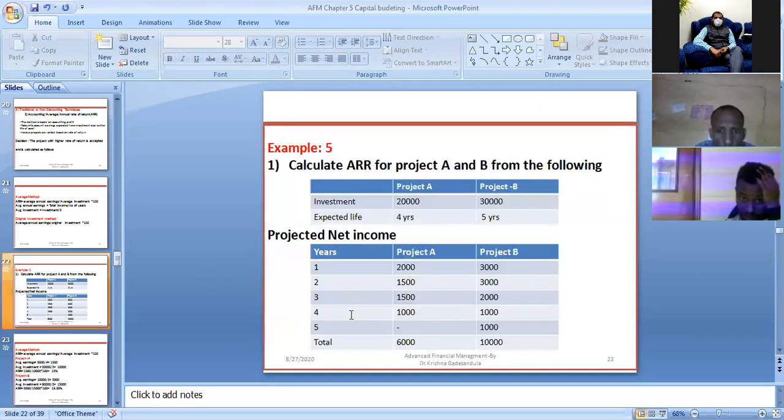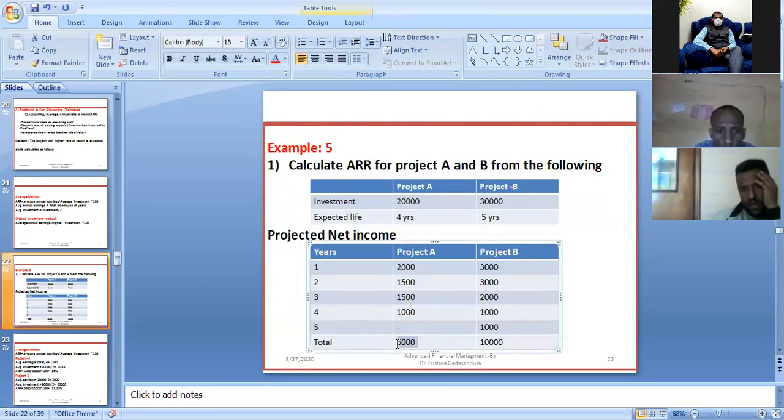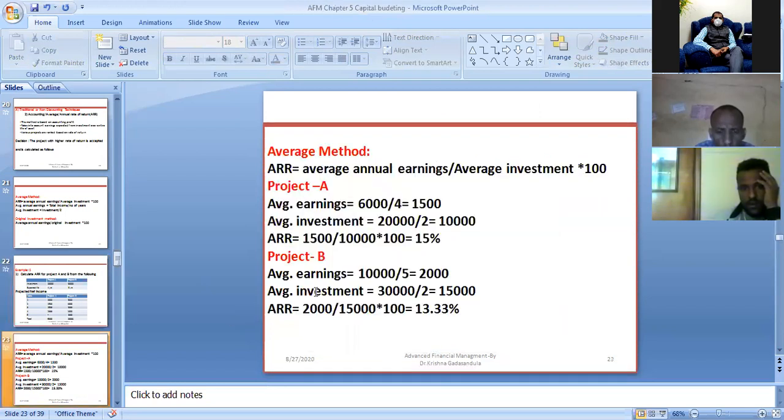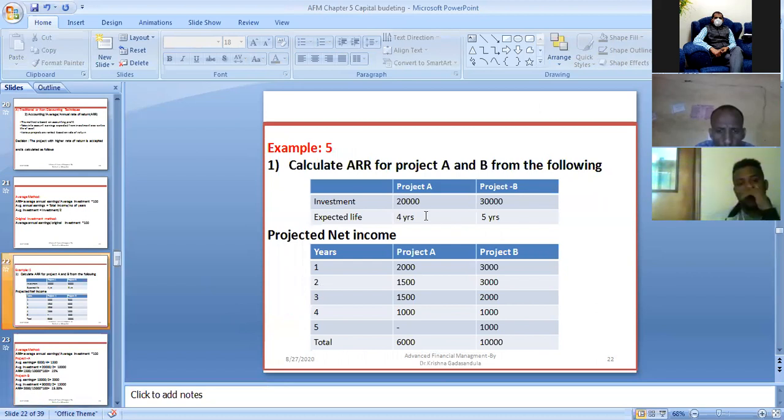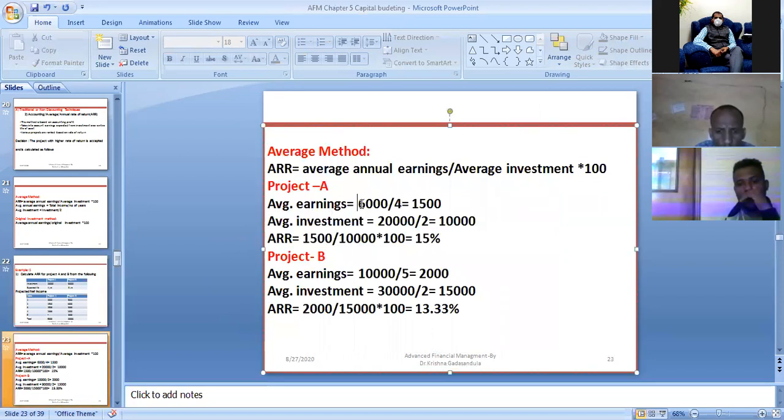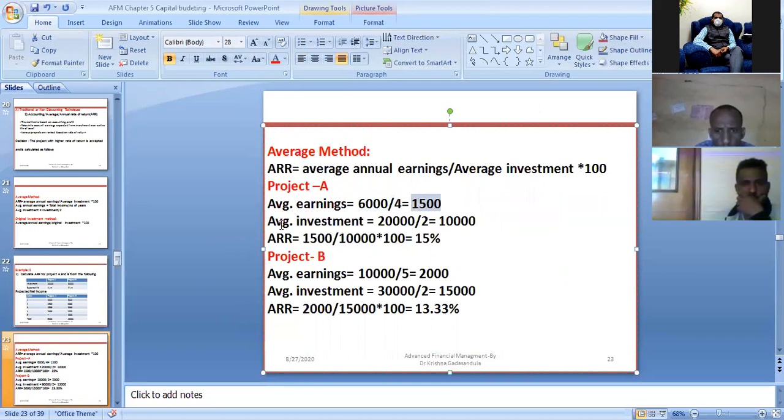Total earnings are 6,000, and the number of years for project A is 4, so average earnings is 1,500. Average investment, as I already told you, is original investment by 2. Original investment for project A is 20,000, by 2, that is 10,000.